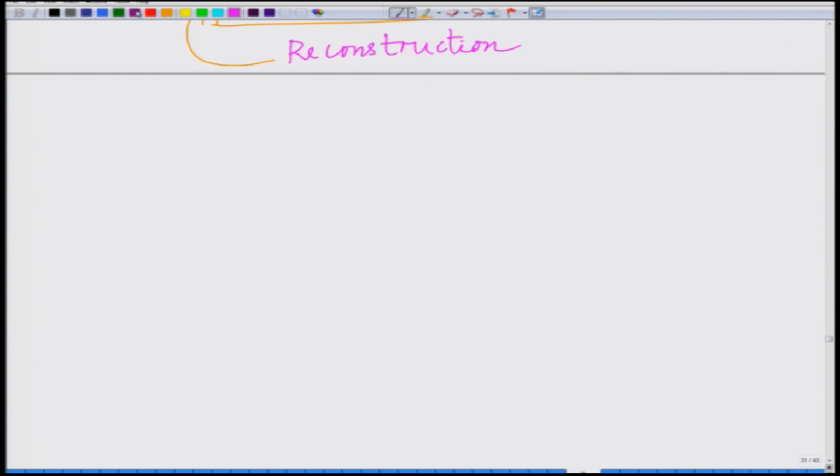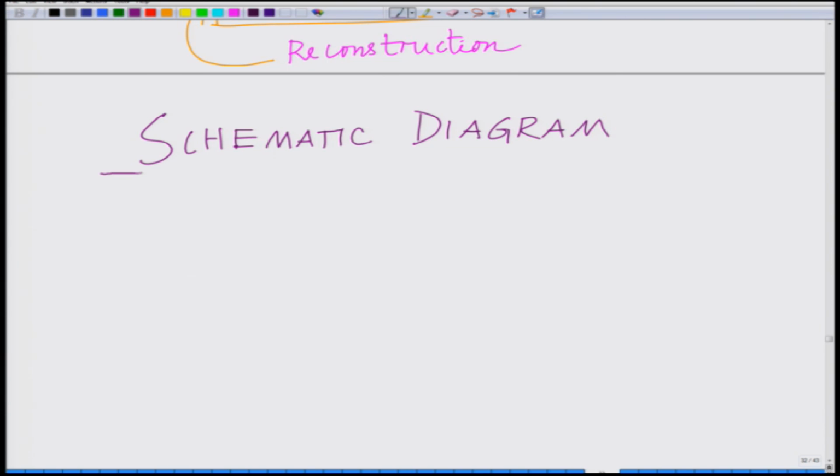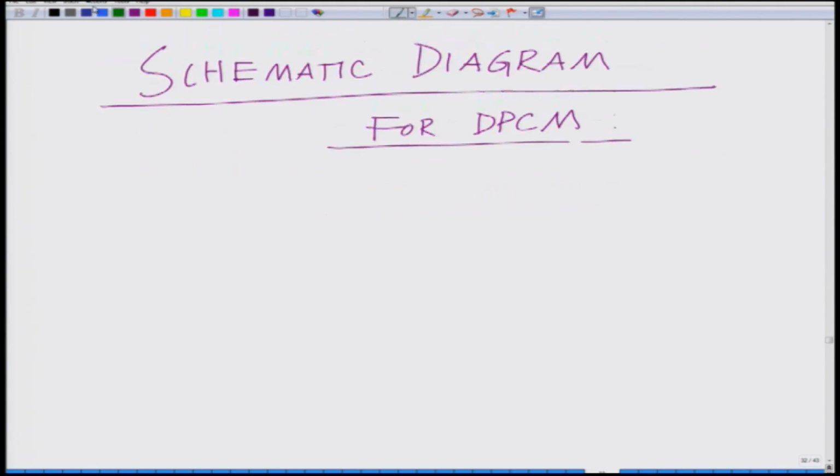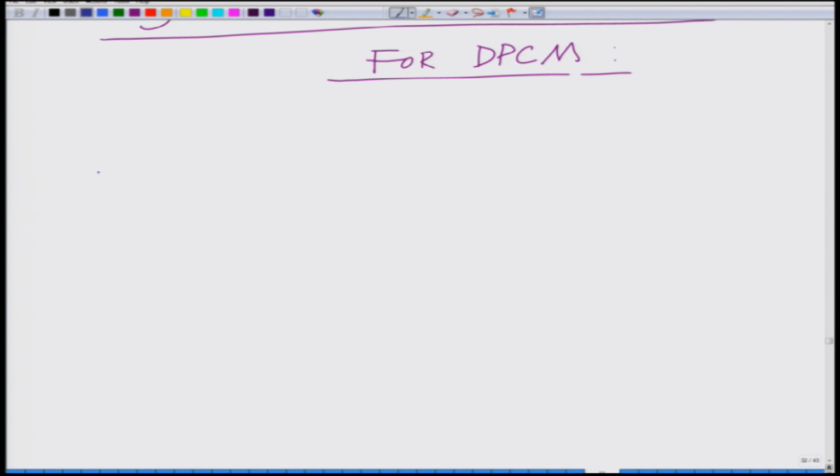Now, we can draw a schematic diagram for this. This is a schematic diagram for differential pulse coded modulation. Now, we have your signal sample m[n]. Similar to delta modulation, we take in the sample at every time instant n.